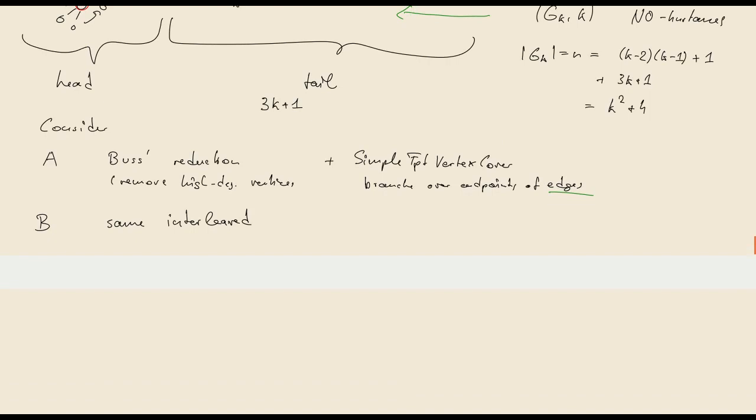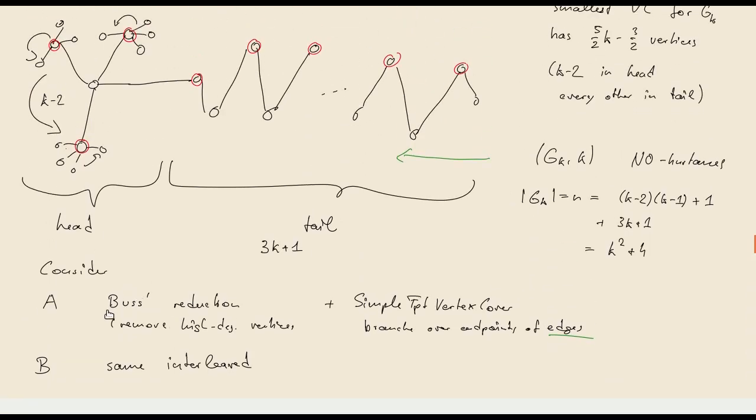Well, the reduction certainly does nothing because there's no node with degree higher than k. So it doesn't change the graph. And here, picking vertices from right to left is pretty unfortunate because we will have to branch for every one of these edges that we take.